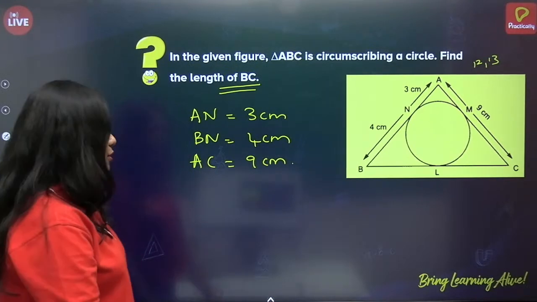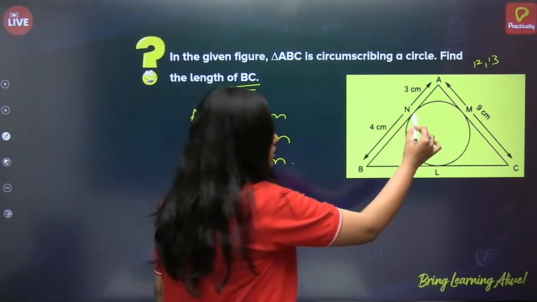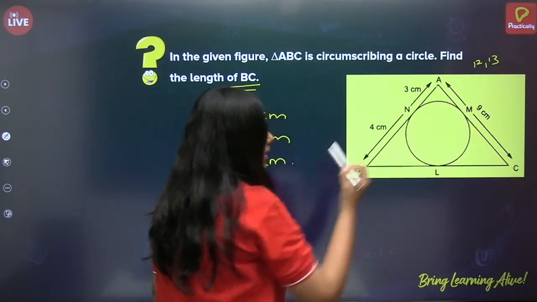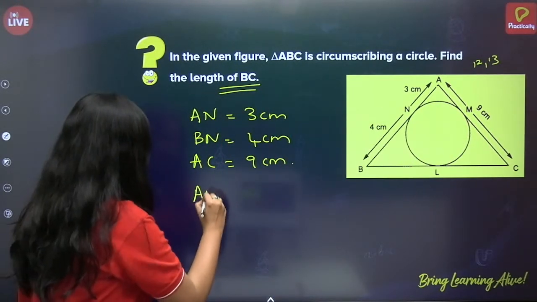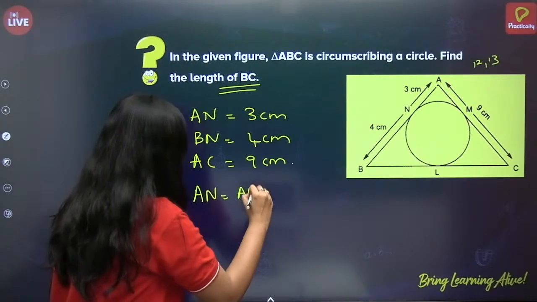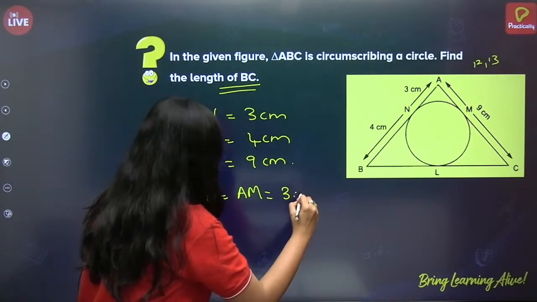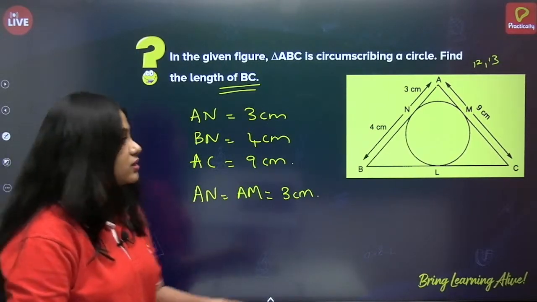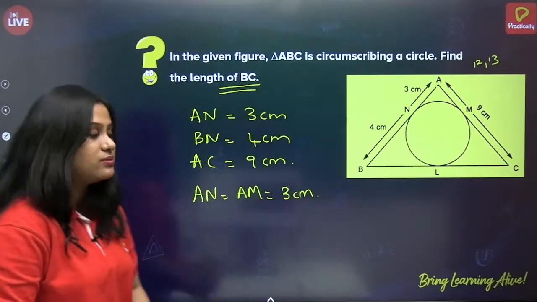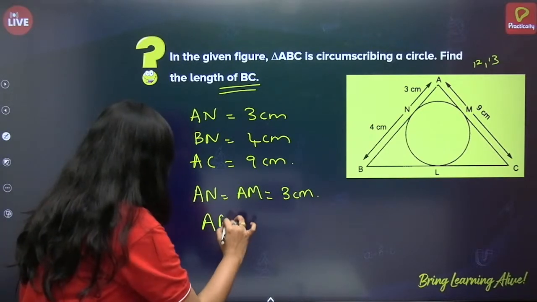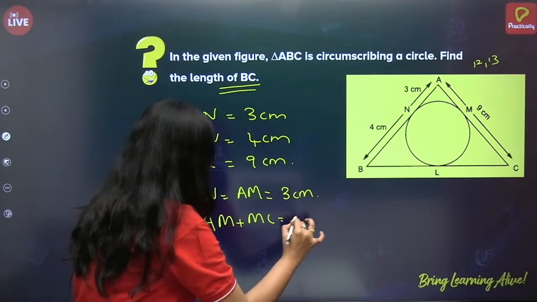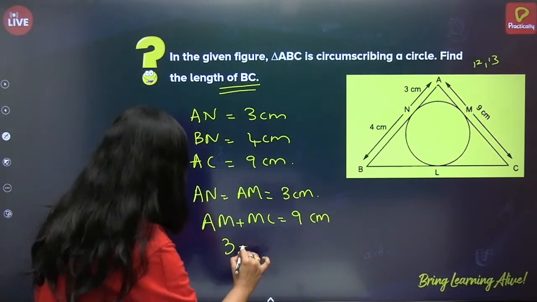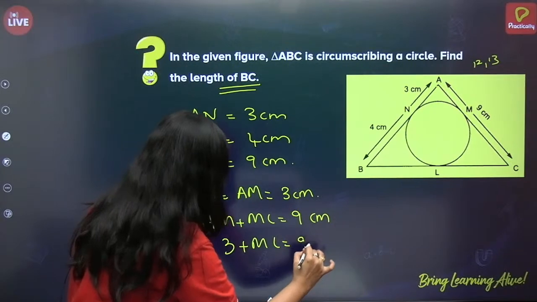Let us check, okay? So, if you see this circle, A is the external point. So, AN is equal to AM, correct? So, AN is equals to AM is equals to 3 centimeters. So, if AM is equal to 3 centimeters, I can easily find MC. AM plus MC is equals to 9 centimeters. So, 3 plus MC is equals to 9 centimeters.